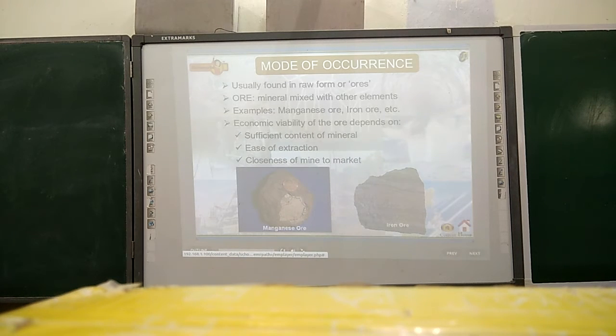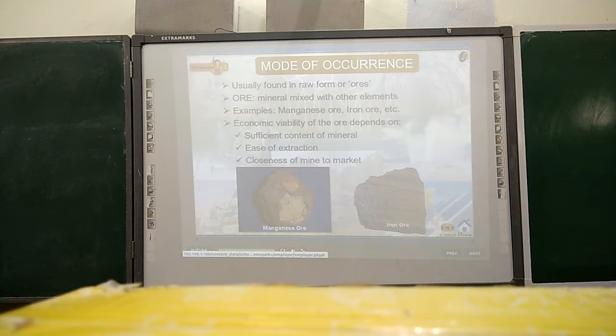Here, the mode of occurrence of minerals is where these minerals are going to occur. Most of these minerals are usually found in raw form or ore.